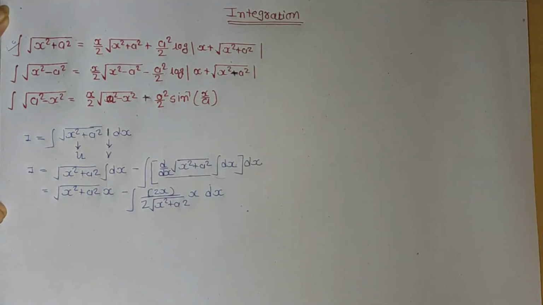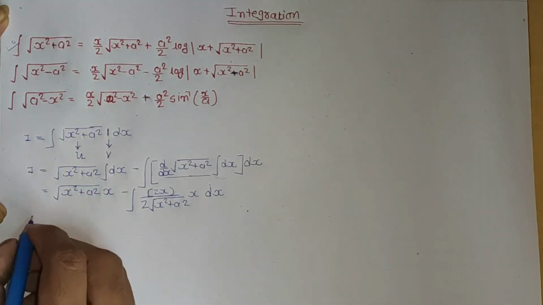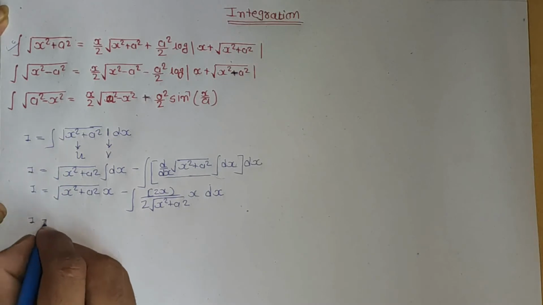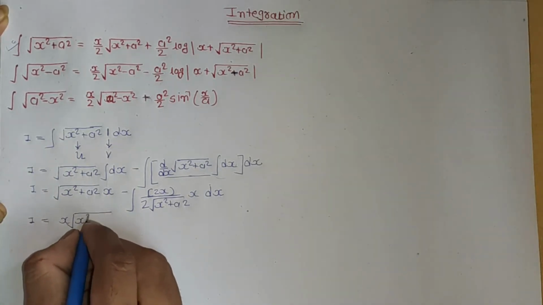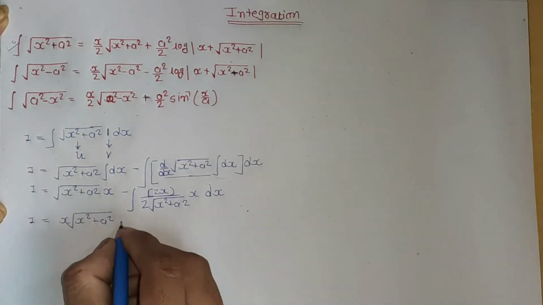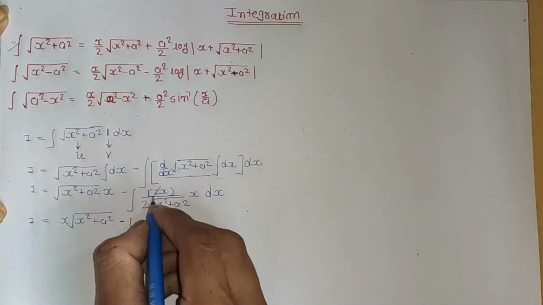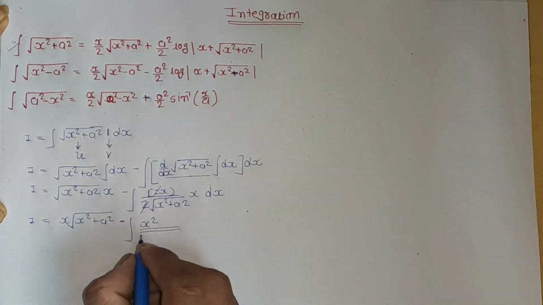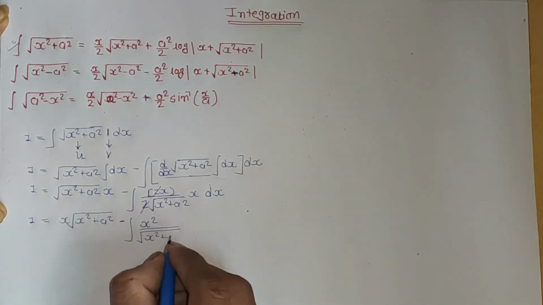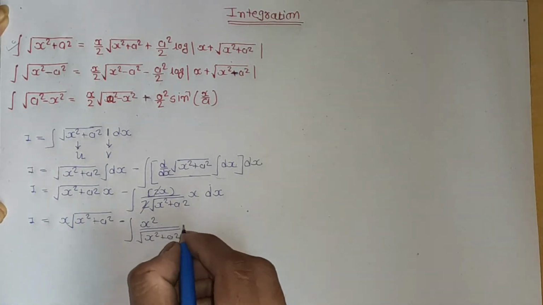Clear? Now I equals x times square root x square plus a square minus integration, 2 to cancel, x square divided by square root x square plus a square dx.